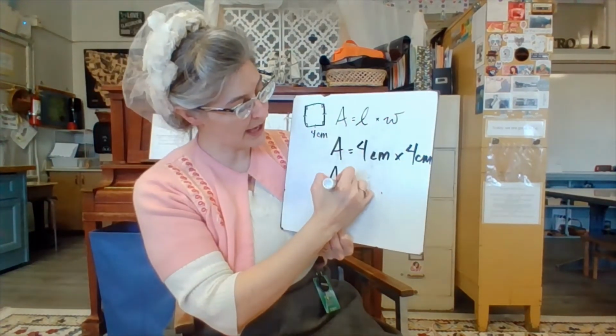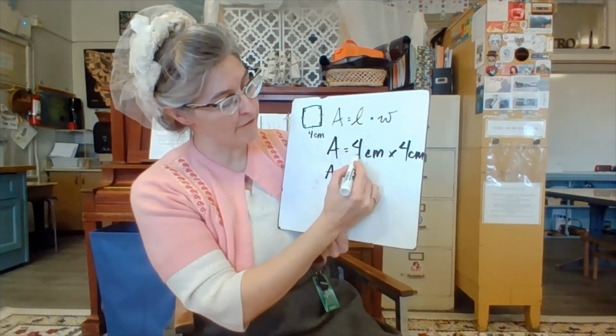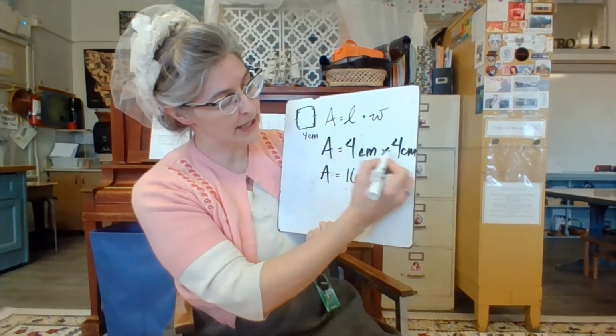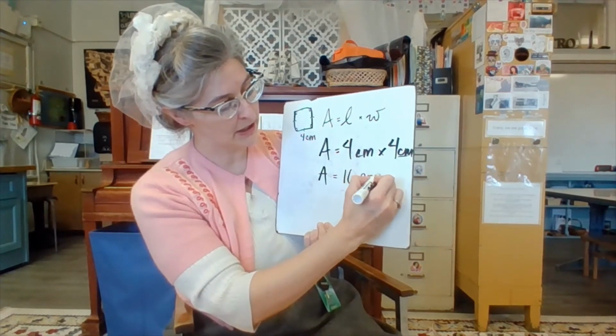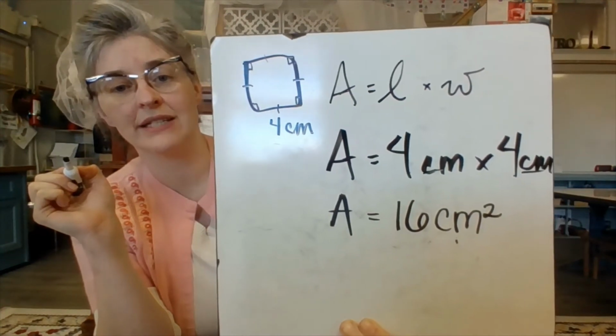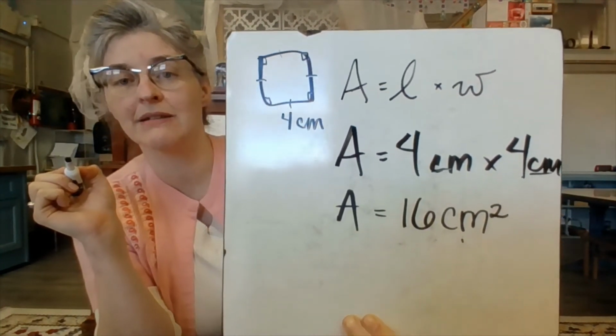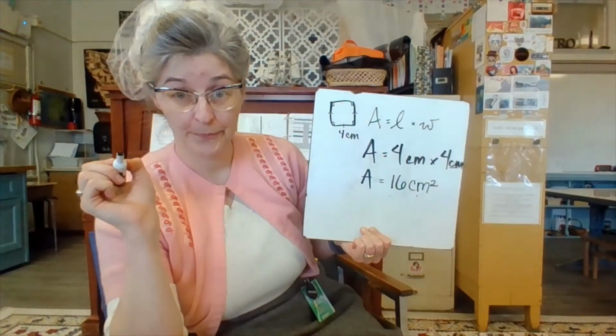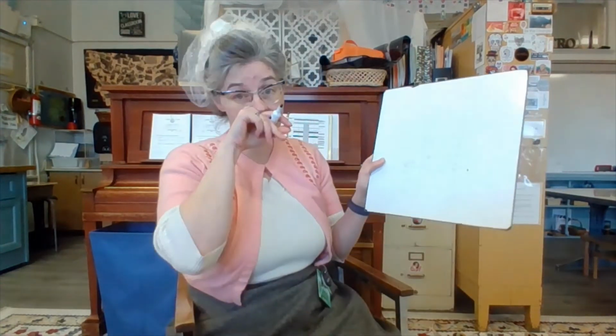And I will get a final answer of 4 times 4 is 16 centimeters. There's 2 of them. The area of that is going to be 16 centimeters squared. Cool? All right.